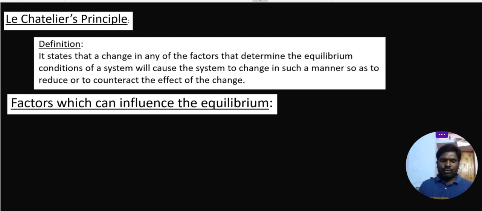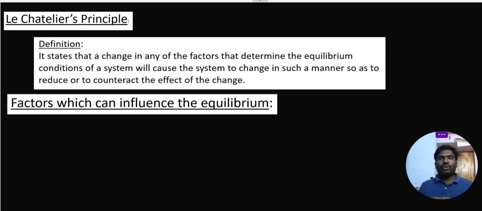If you change any of the factors, meaning effect of concentration change, effect of pressure change, effect of temperature change, effect of addition of inert gas at constant volume, at constant pressure, and catalyst. So these are the factors. If you change any factor, that factor determines the equilibrium condition of a system.